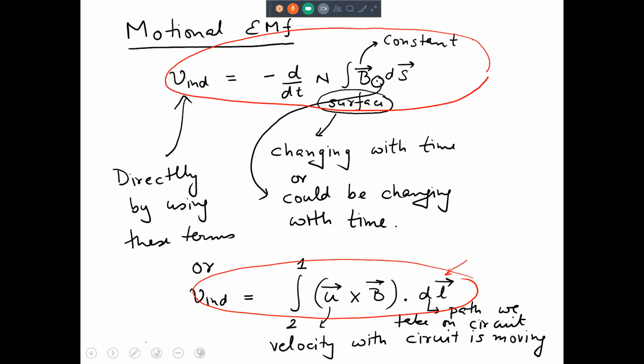Let's take an example and see what I mean by this. Again, let's take our R2, and we'll calculate the Gaussian EMF with both the methods.